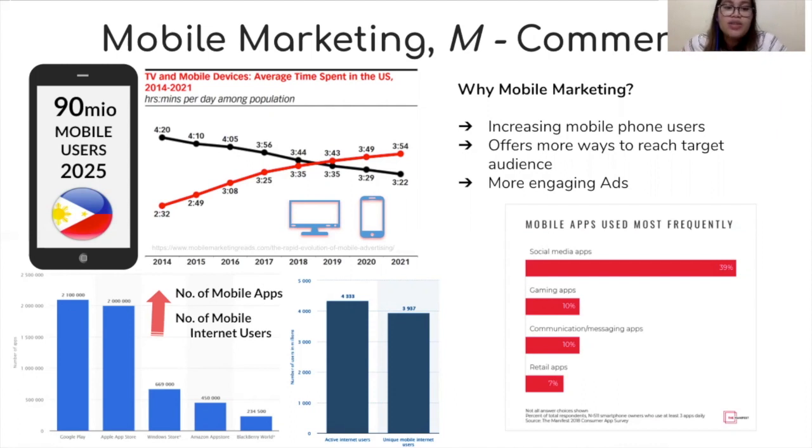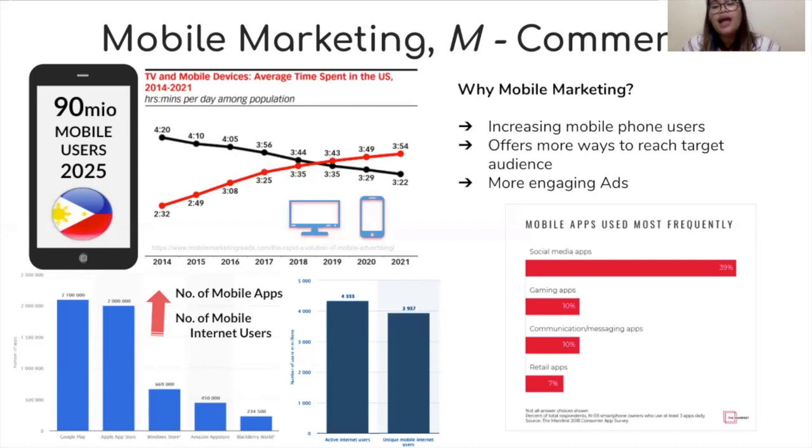Based on the statistics, there are millions of mobile apps being developed. This also takes advantage of active internet users versus mobile internet users, so konti na lang ang diferensya nila.